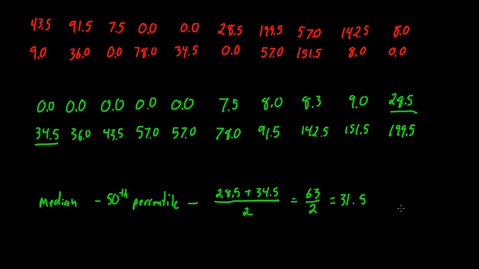Now, we generally don't just deal with the 50th percentile when we're talking about percentiles and trying to describe our data. The two other percentiles that we generally deal with are called the lower quartile and the upper quartile. When we're talking about the lower and upper quartile, we generally rename the median to be the middle quartile.